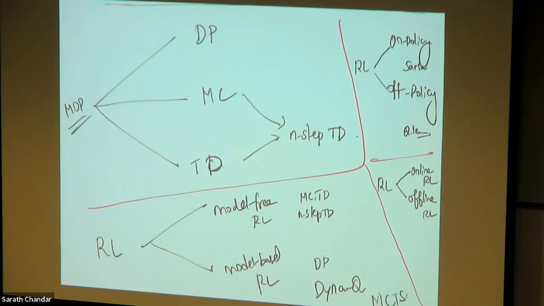A lot of people confuse on policy and off policy with online and offline, I think just because of the names. So when I say online versus offline RL, online RL is all these things that we are seeing here, in this big picture.